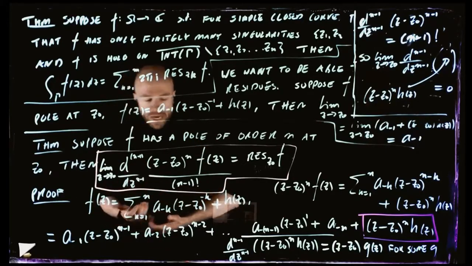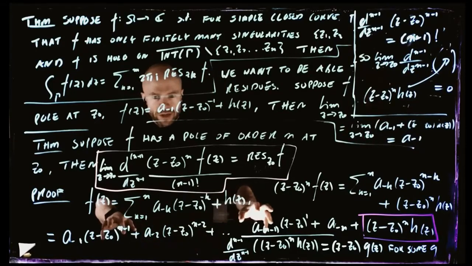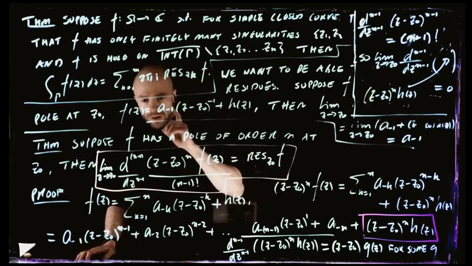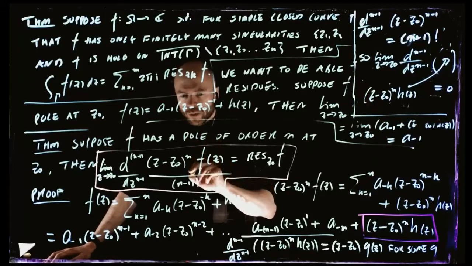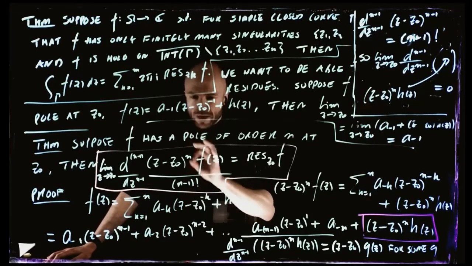The way to know this is to take a piece of paper and try and work out the formula for yourself, just from some vague memory. This is the only thing you're allowed to remember: you're going to take the expansion for f, multiply it by z minus z0 to the n, and then do some differentiation.